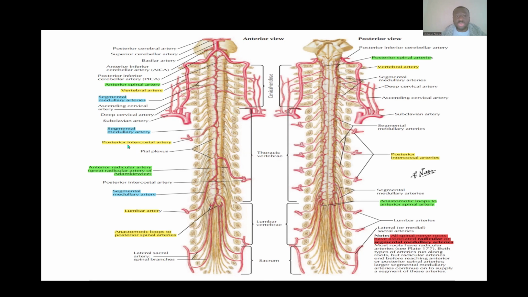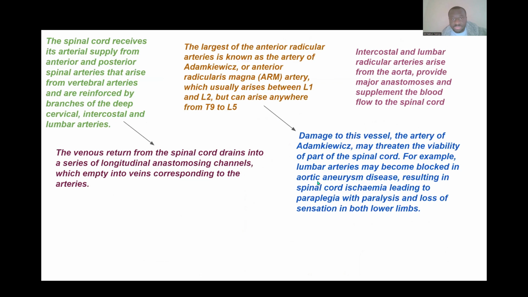By thoracic, I mean the posterior intercostal arteries, and then we have the lumbar arteries, and a major contributor called the anterior radicular artery of Adamkiewicz, which could arise from the lower thoracic level or the upper lumbar level. Therefore, there are areas of anastomosis where the anterior and posterior spinal arteries communicate.